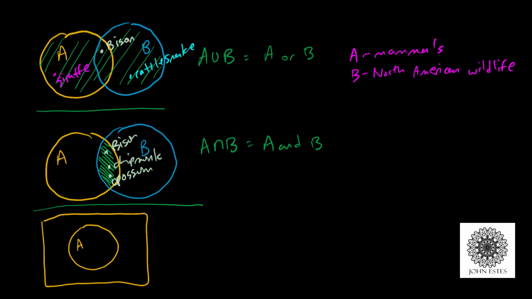All right, now in this last example I have A, and what I want to actually do is consider the things that are not in A. So I want to consider this part. And here I have to have some sort of parent set outside of A. This is written as A bar or A apostrophe or A C, depending on your textbook.